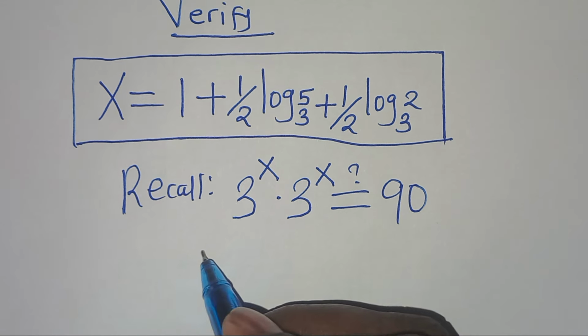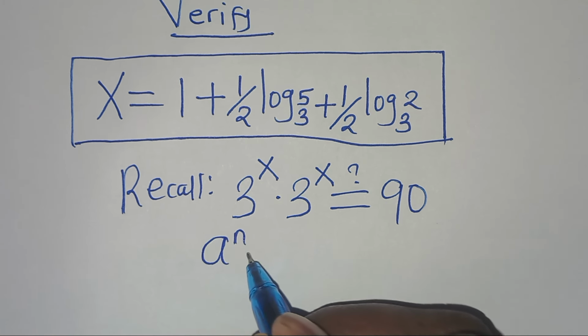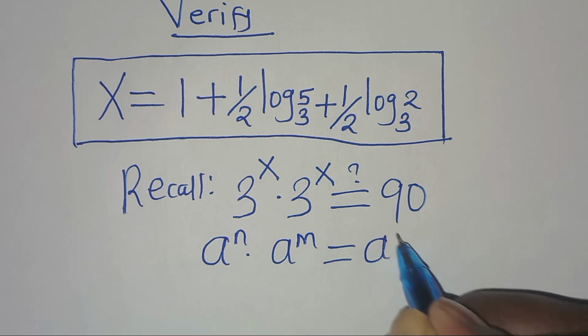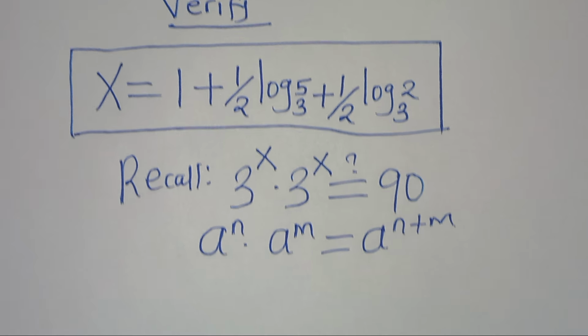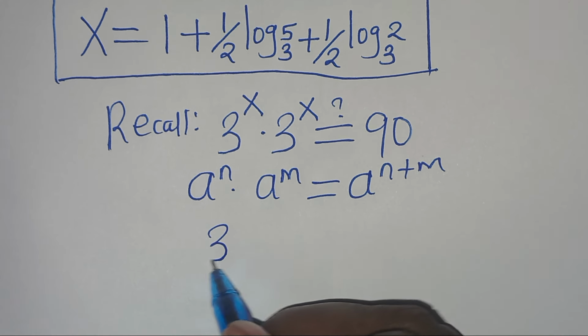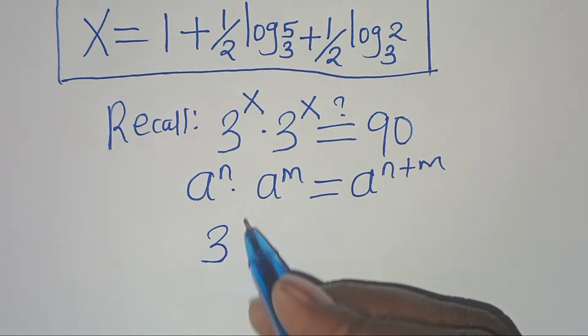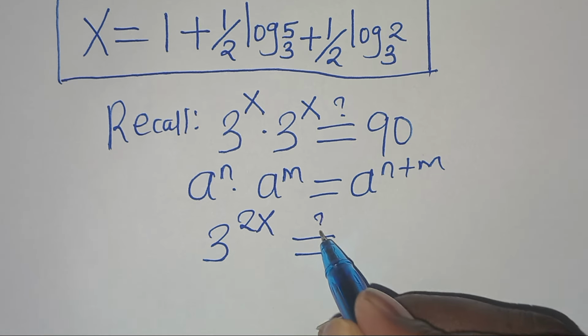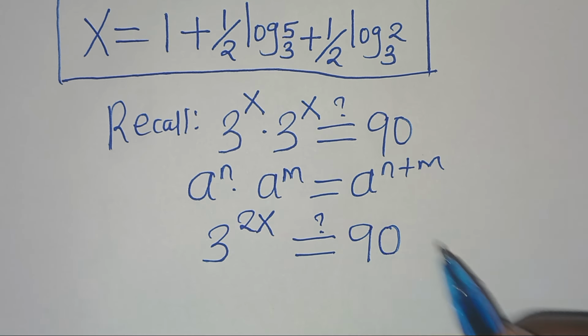This exponential expression is of the form a to the power of n times a to the power of m, which we can express as a to the power of n plus m. So this is the same thing as 3 to the power of x plus x, which is 2x. This is supposed to give us a value of 90.